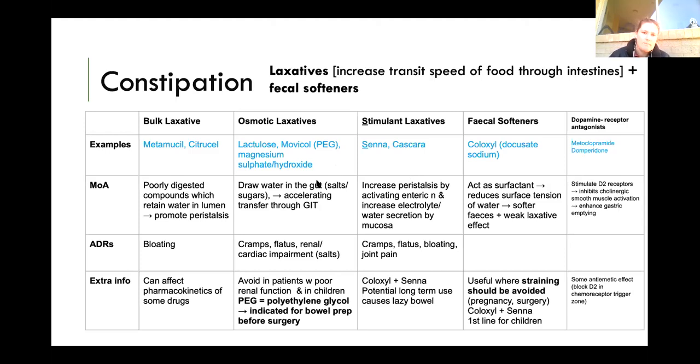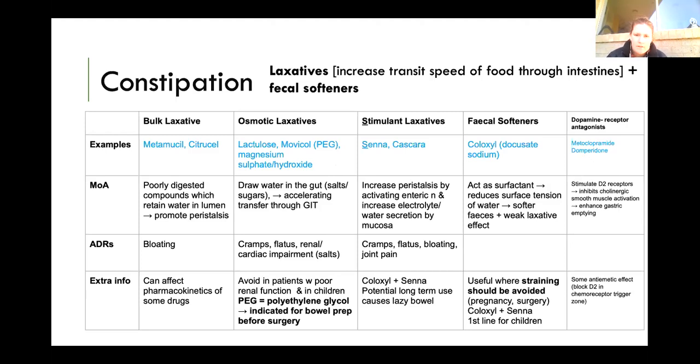These drugs are basically really salty or really sugary, and just via osmosis draw water into the gut, and that makes your fecal contents go through fast, but avoid them in renal impairment, or they can cause cardiac impairment.